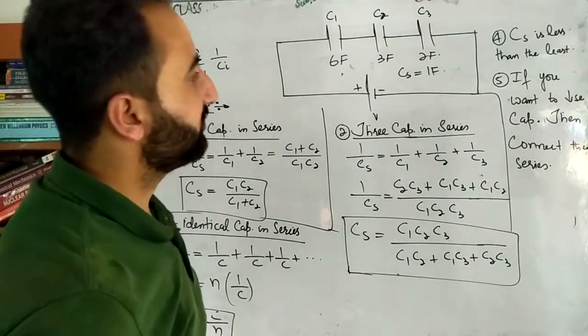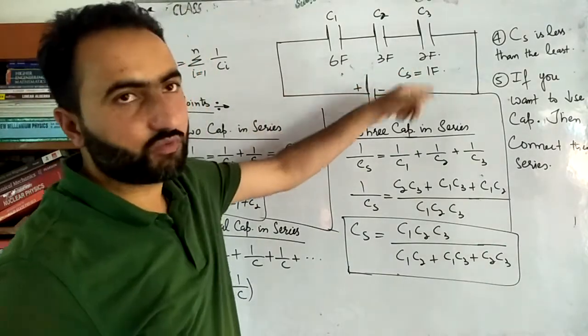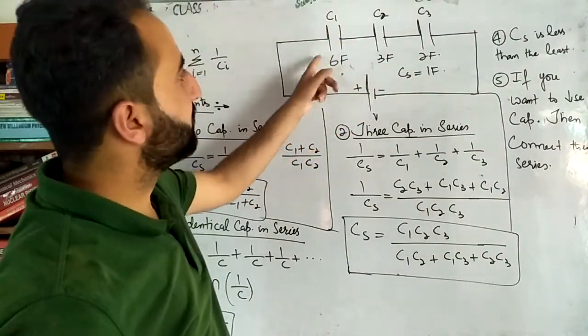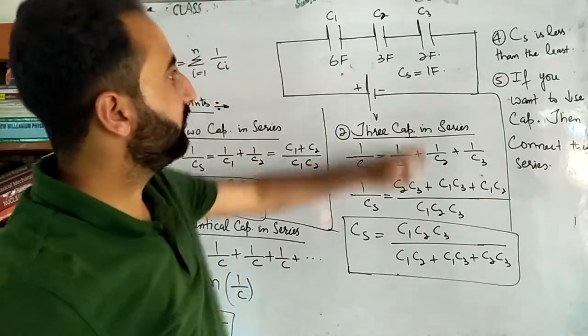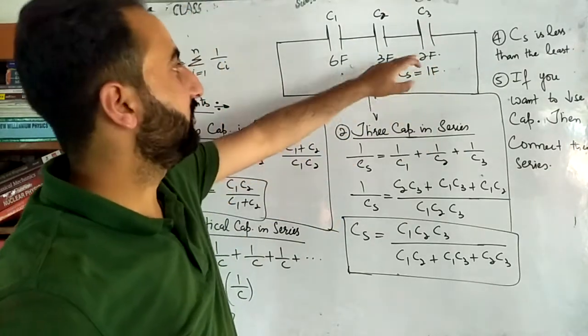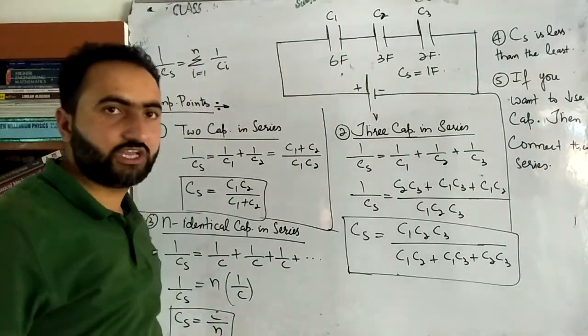Their equivalent capacitance is equal to 1 farad, which means it is less than the least. So number 1, CS is less than the least, and number 2, if you want to decrease the capacitance, then connect them in series, so that the net capacitance becomes lesser even than the smallest capacitor.